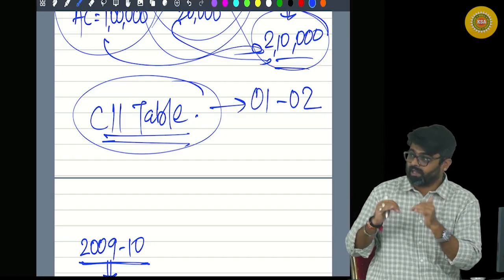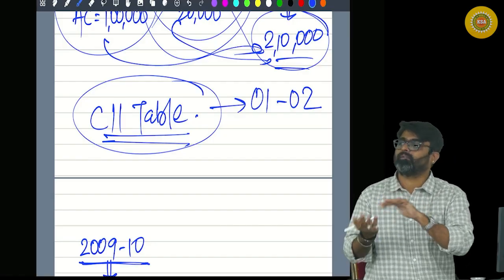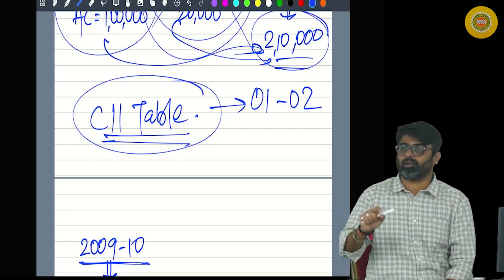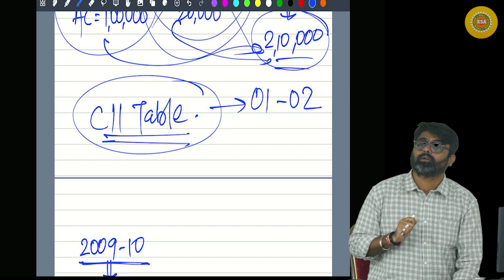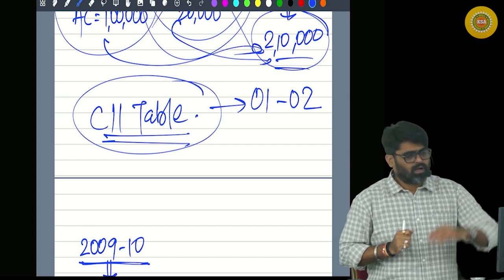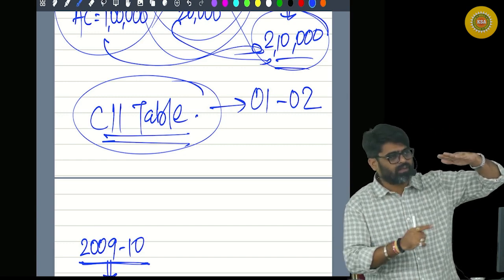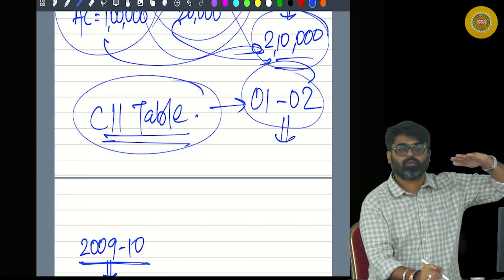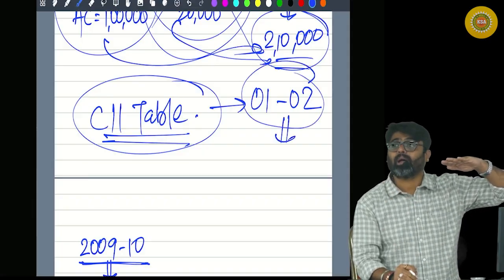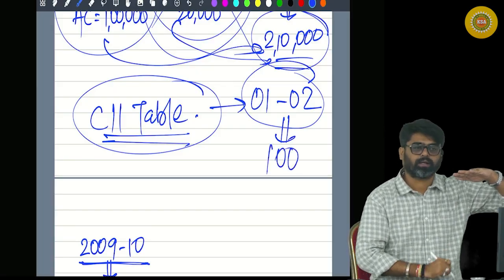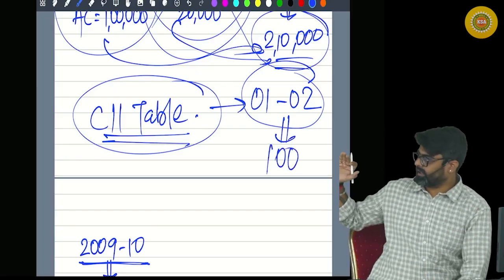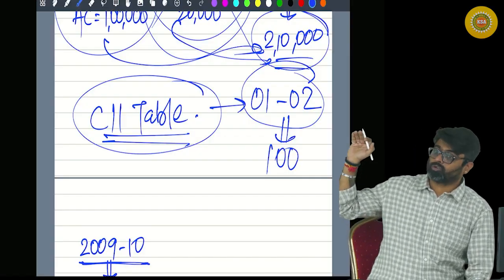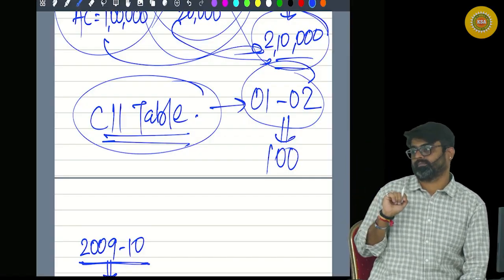But remember, the CII table has been revised. Long back it has been revised, and in the current CII table, one year is taken as the base. For example, in the year 2001-02, if the cost of any capital asset was rupees 100, then what should be the cost in the next year?